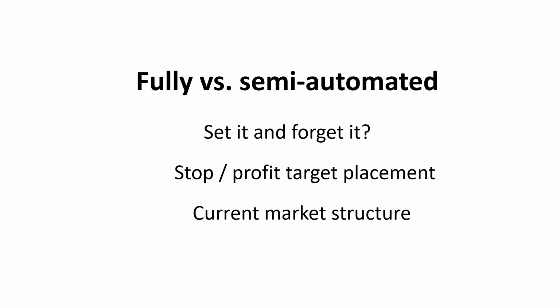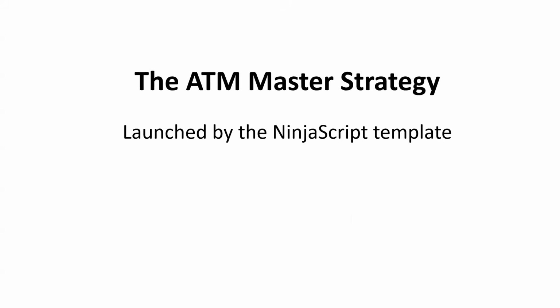And if you try to move the orders, you will find them move back on bar close. So once you've activated a conventional NinjaScript strategy, you're sort of stuck with your preset order levels. And that is where the ATM master strategy comes in.